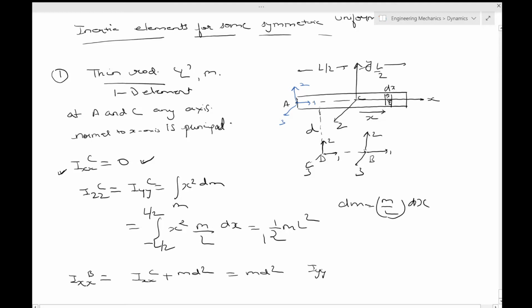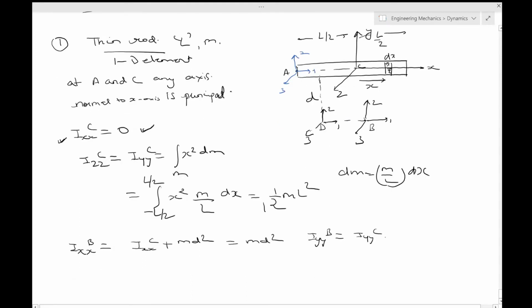Similarly, Iyy about B would be equal to Iyy about C plus something which is actually equal to 0. So this should be equal to 1 by 12 ML square. So please try to think, why is this 0? What is this term and why is this equal to 0?